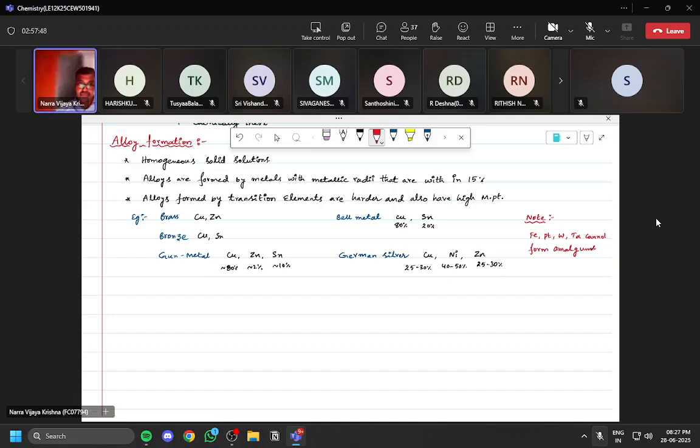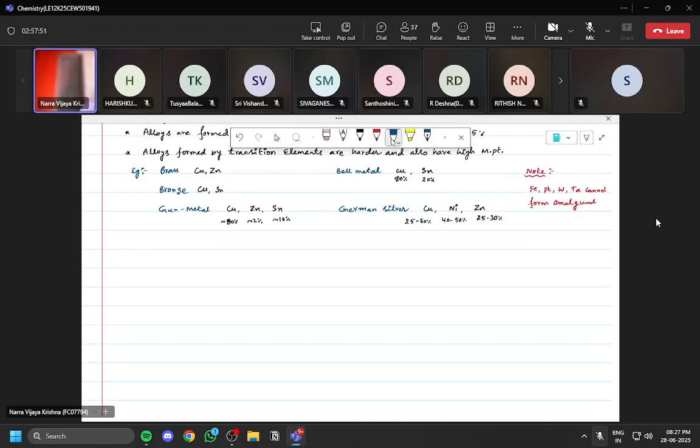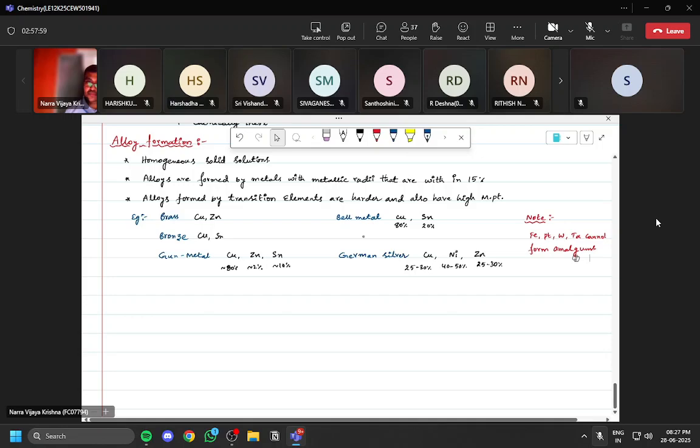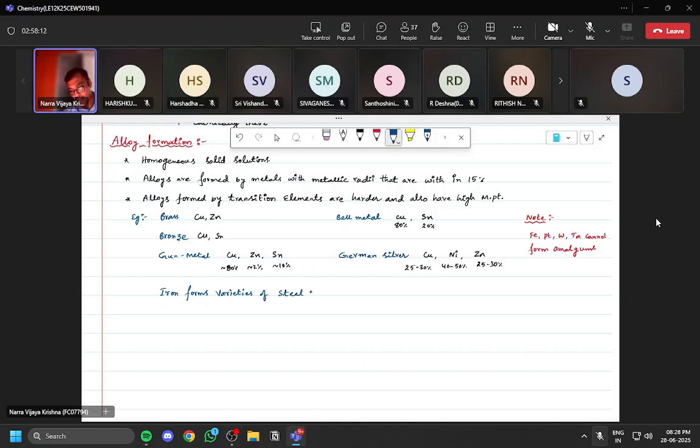Next. Invar steel, invar metal. Iron forms different varieties of steel on mixing nickel, chromium, tungsten, molybdenum, manganese, etc. Based upon which type of metal is mixed with iron to form steel, it has different properties.